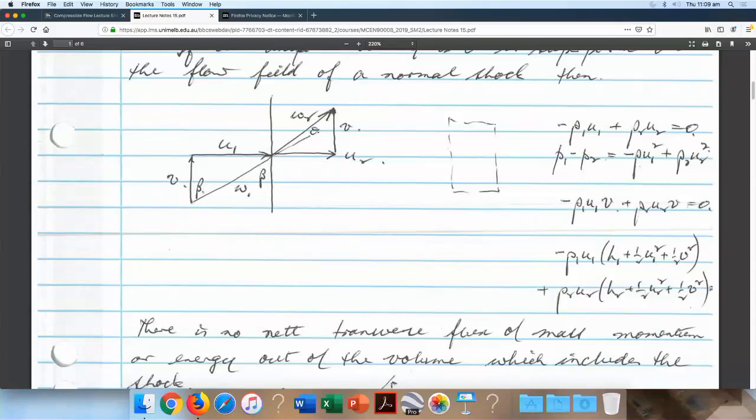And coming out, I have H2 plus a half u2 squared plus a half v squared. You can see that the v squared cancels, because rho 1 u1 and rho 2 u2 are equal. So there's no net transverse flux of mass, momentum, or energy out of the volume which includes the shock. That's an important idea.